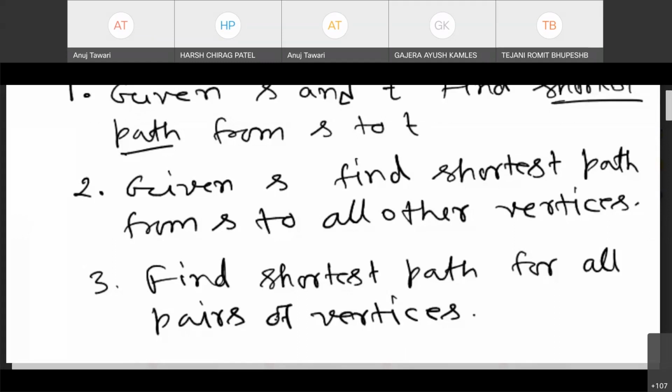So that graph doesn't have any directions. In the web page routing problem, let's say you want to go from one web page to another, and there are various links which link from one web page to another. We are given two different web pages and we want to know the shortest path from one to the other.